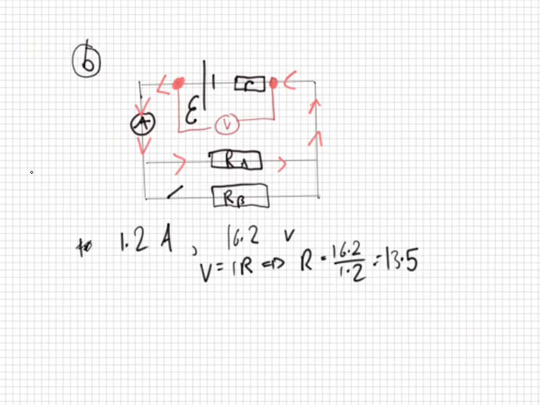Which rule? The loop rule. So starting here, E minus the voltage here, which is IR, but we kind of know the voltage already. What was it? 16.2. And then go all the way back to here, minus I r equals 0.